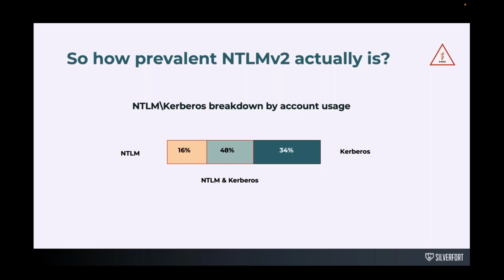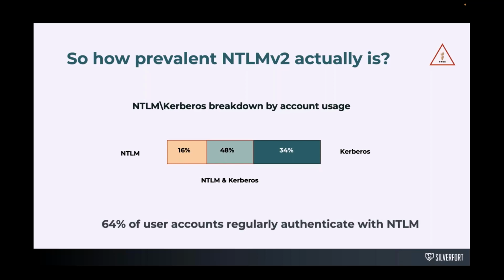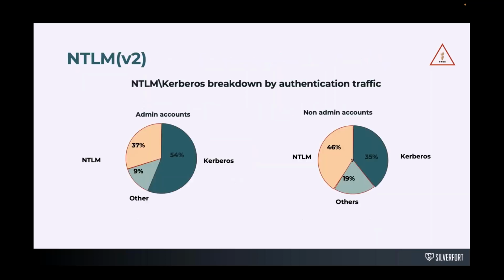It means NTLM is not just present, it's here at large. Remember, every NTLM authentication means you have a user hash wandering aimlessly in the network, residing in some endpoint memory. This is an alarming figure. If we take another breakdown, based on authentication traffic, you see that the number rises.